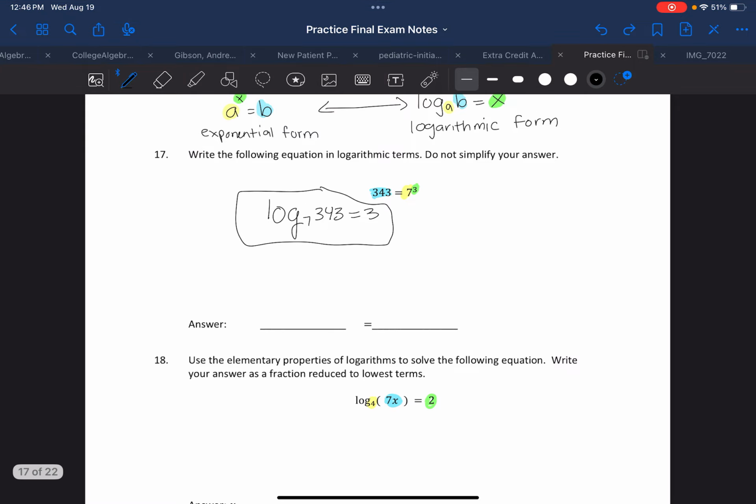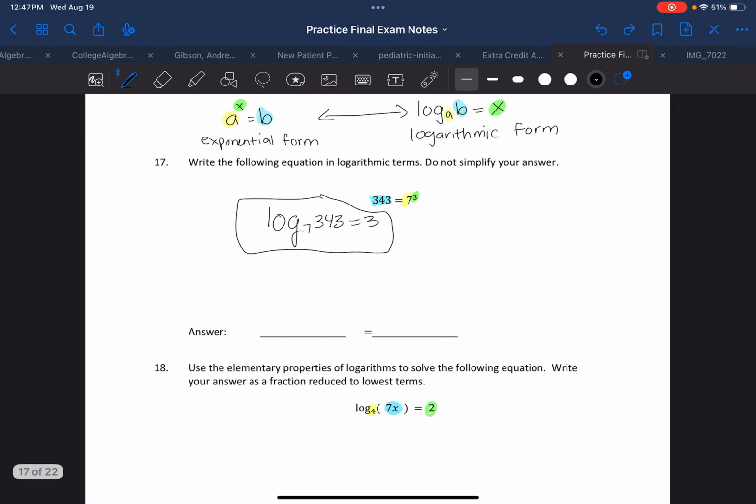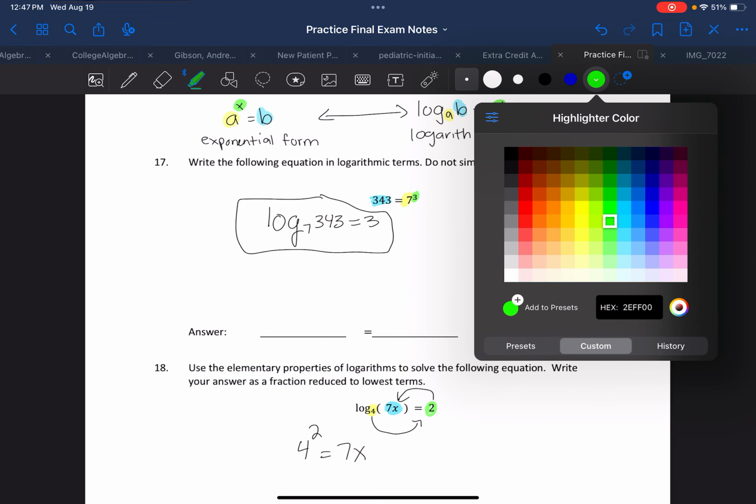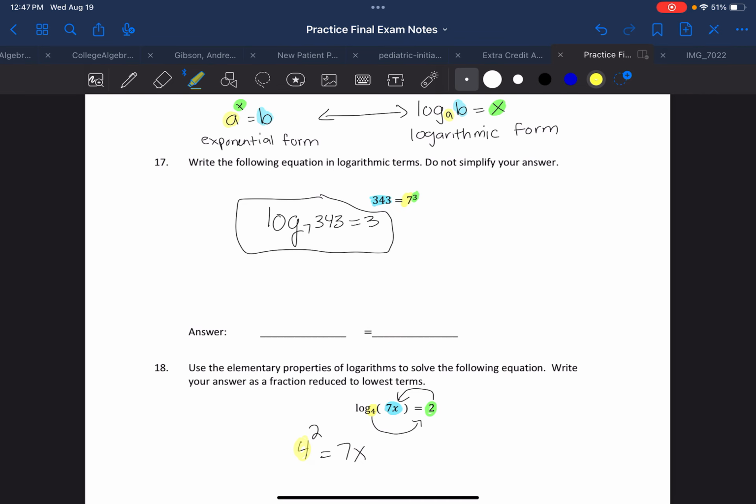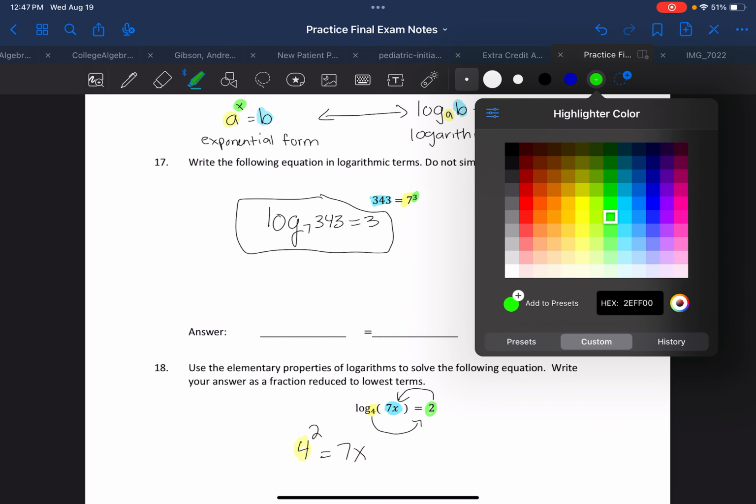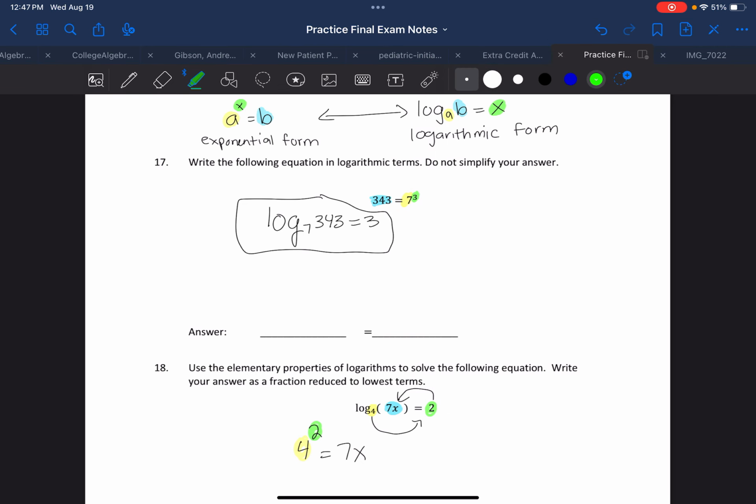So I can rewrite it. So again, I start with the 4, that's my base. It's raised to the power of 2, and then it's equal to 7x. So I'm just putting it back into its exponential form. Using colors to show you what I mean. This is the exponential form that I had written up here.